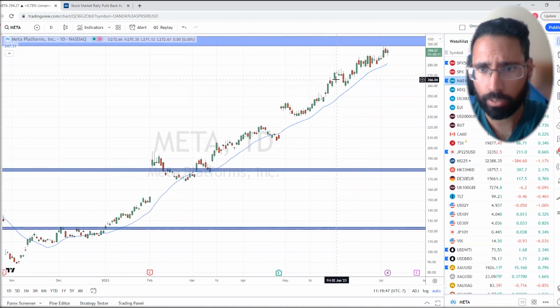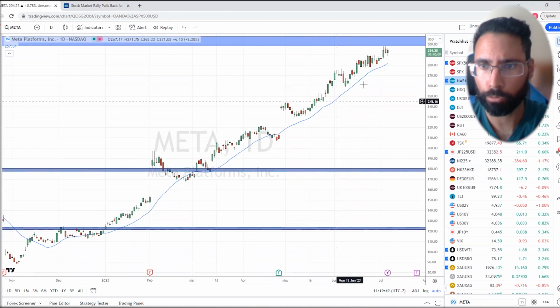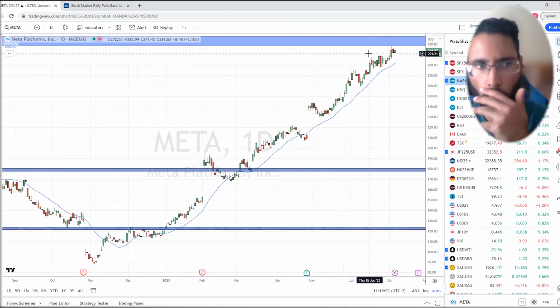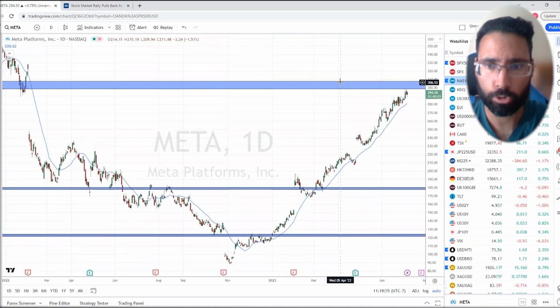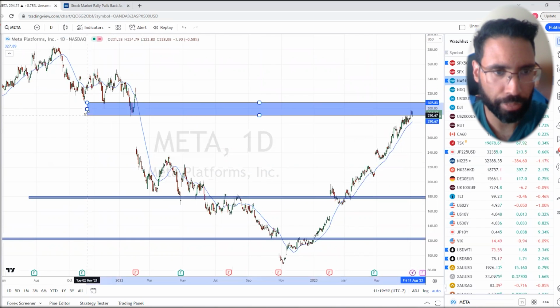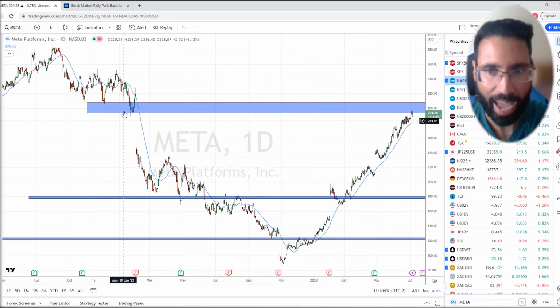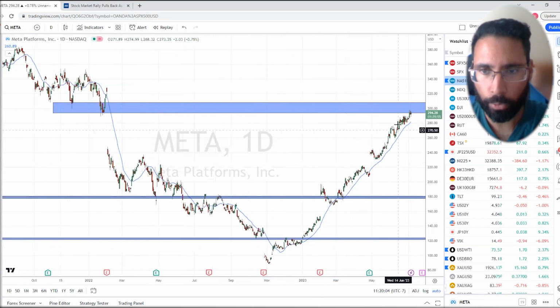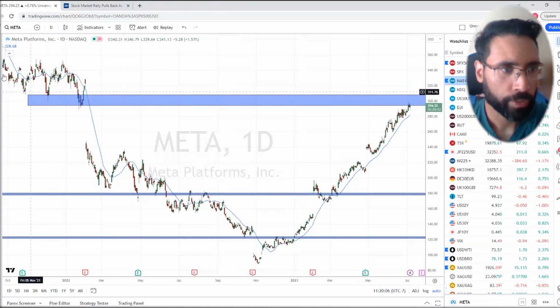Just as we are knocking on the door of resistance on the Nasdaq, there's a major level here on Meta, the $300 zone, a very nice stronghold number. But I think the most important thing is this area we're testing right now.